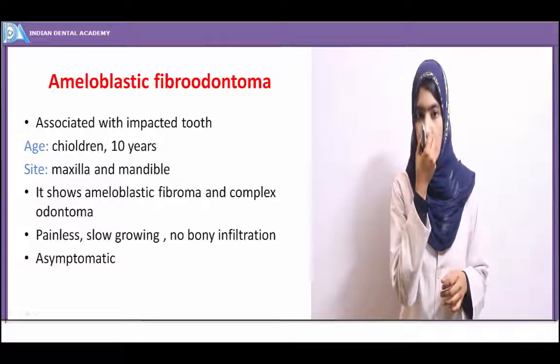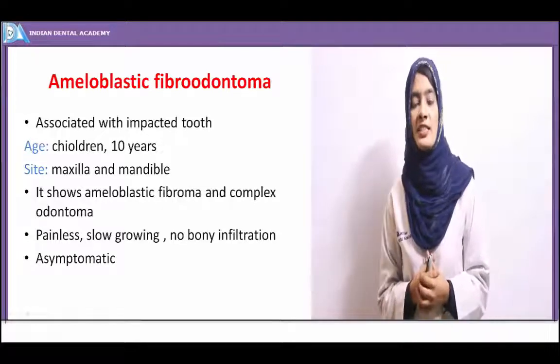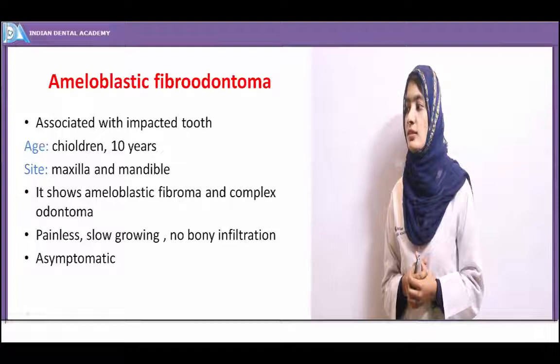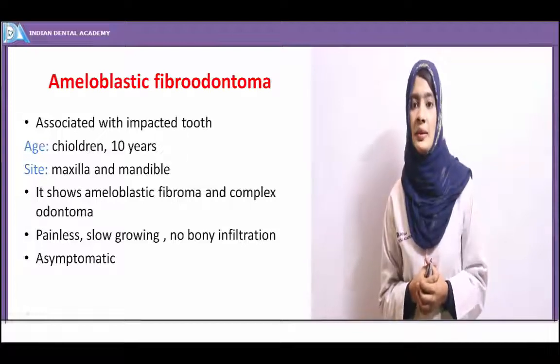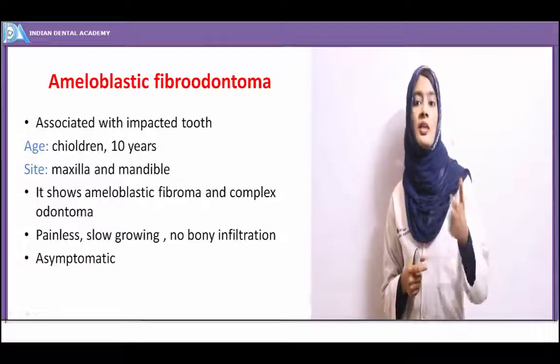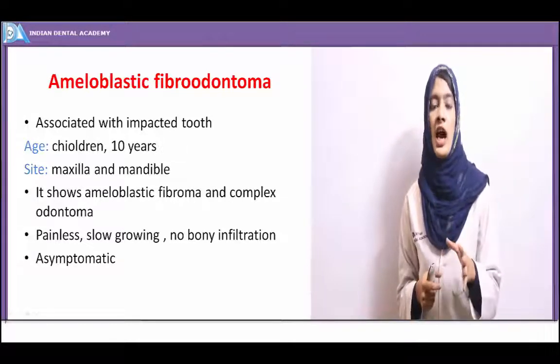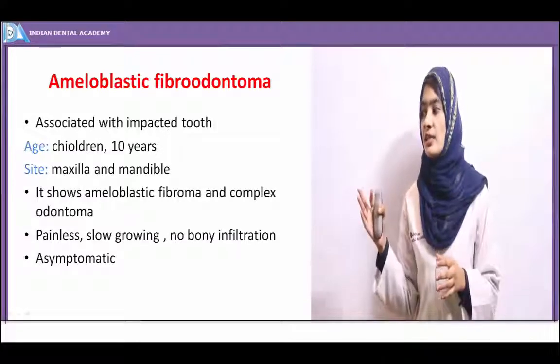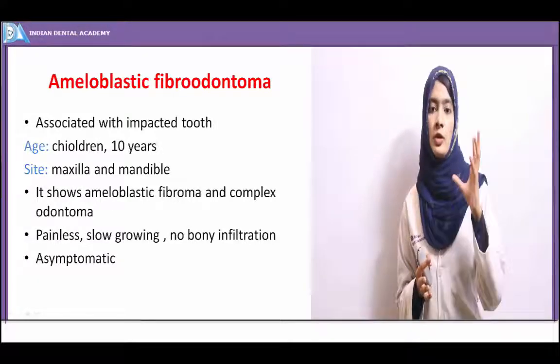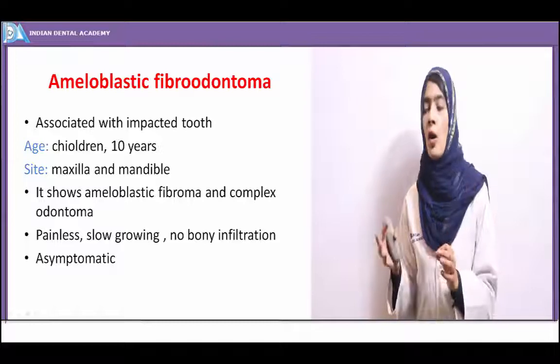Now we'll see the ameloblastic fibroodontoma. Ameloblastic fibroodontoma is basically a benign odontogenic neoplasm arising from both the epithelium and the connective tissue, but without any hard tissue formation. It shows features of ameloblastic fibroma and complex odontoma.